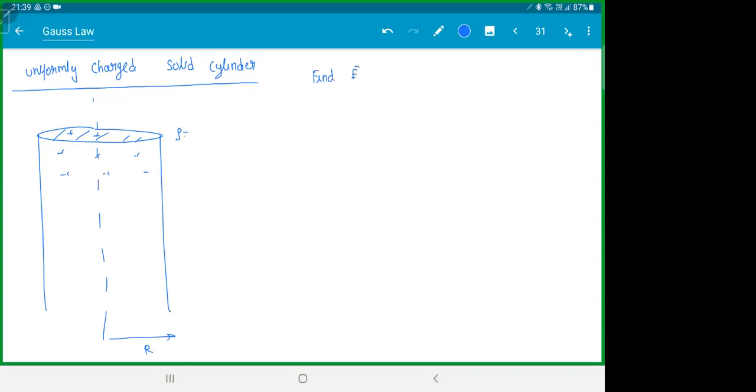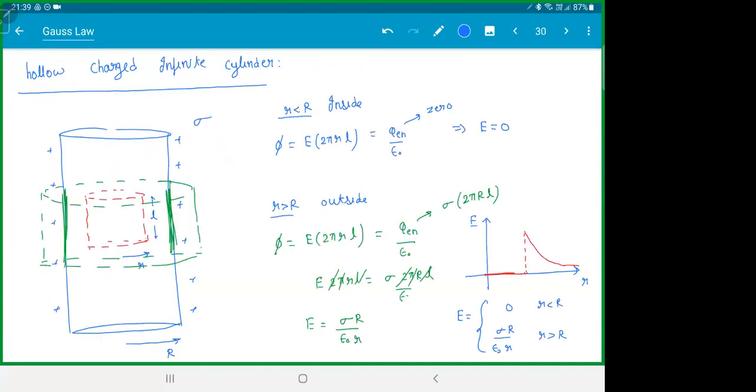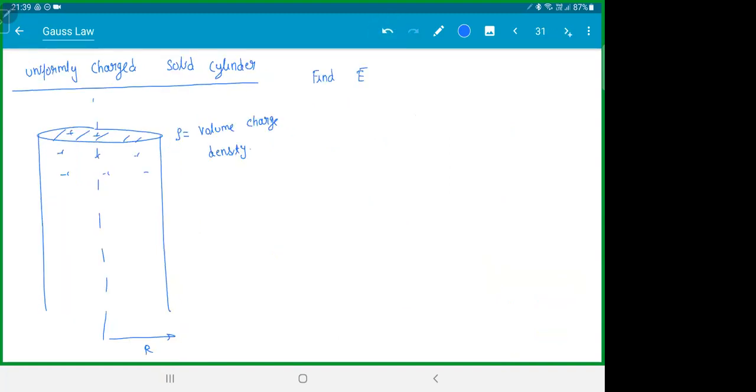Rho is the volume charge density. Same idea. You'll take a Gaussian surface inside, but this time the field inside will not be 0, no? This time, inside there will be some charge, right? That won't be 0. Try. This is a good one.